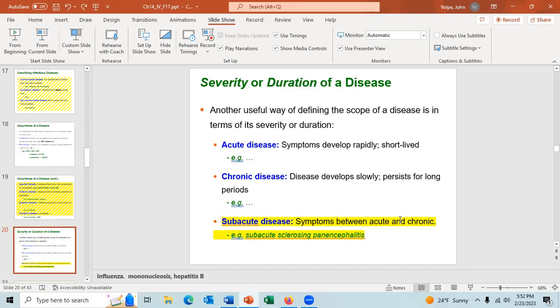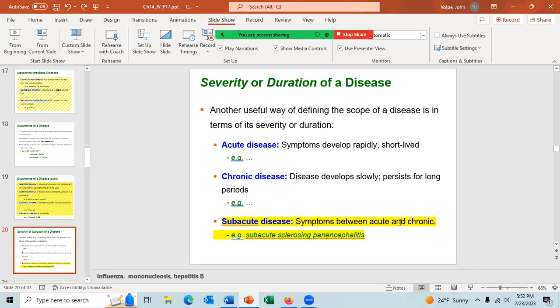There aren't too many diseases that are as short-lived as the human cold. We could even say that influenza is an acute disease. Although it's much more severe than the cold, the symptoms do develop rapidly, and the symptoms usually go away rapidly. Even if it's a month, that's fairly rapid when we're talking about a long-term disease. And usually the flu goes away in something like 2 weeks.